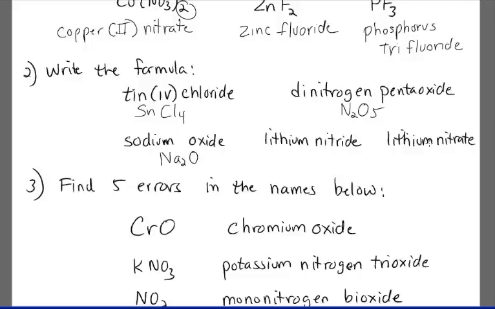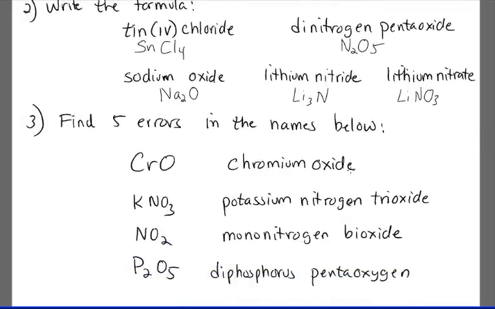Lithium, the last 2, lithium nitride and lithium nitrate. You have to think of what the difference is there. I'll do lithium nitrate first. Nitrate is a polyatomic ion, NO3-, and it's a single minus, so it matches 1-to-1 with lithium. Nitride refers to the element nitrogen. It's not a polyatomic. And since nitrogen will take a 3- charge when it's an anion, you're going to need 3 lithiums for that.